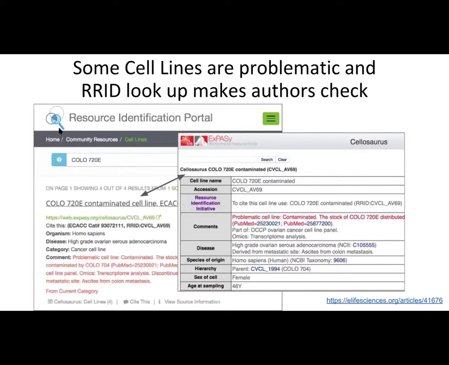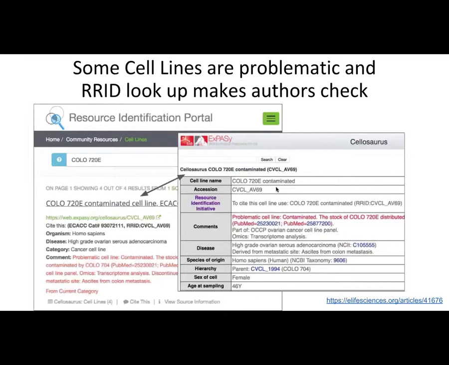So this is what an author might be faced with if they try to find and look up this RRID in the resource identification portal. If they search for their cell line, Colo 720E, what they will be faced with is a record which says, here's how you cite this cell line. But there will be a comment, and it will say, problematic cell line. This one's been contaminated.